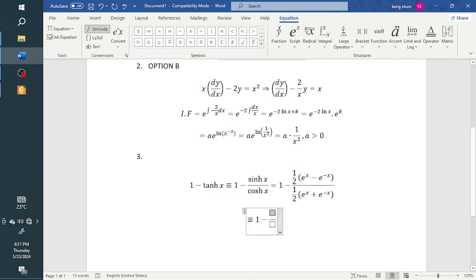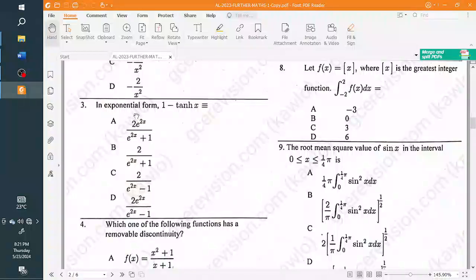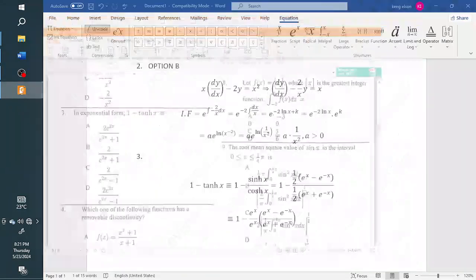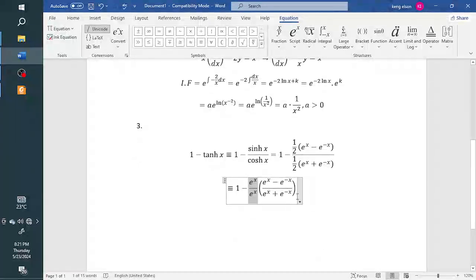I'm multiplying top and bottom by e to the x so that the power e to the negative x cancels, and everything stays the same because this is just multiplying by 1. So we have not changed anything. I'm just doing it because in my answers I'm seeing e to the 2x, so there is no negative power, so we need to remove that negative power.